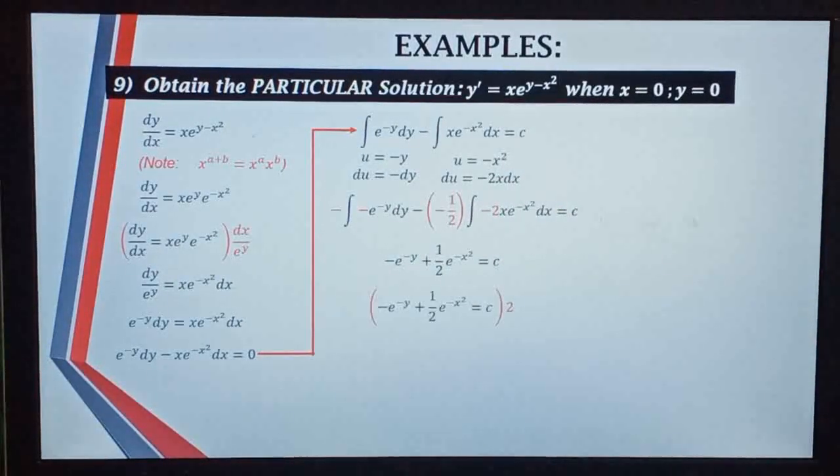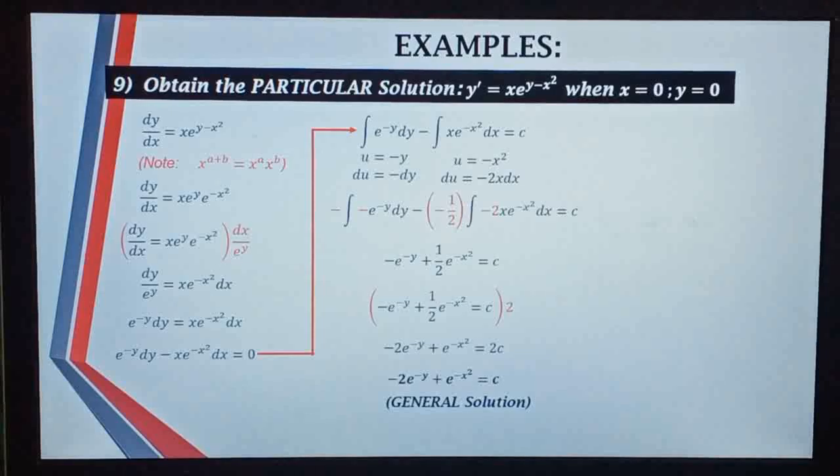So, simplifying the equation by multiplying sa 2, you will now have negative 2 e raised to negative y plus e raised to negative x squared equals 2c. Wherein si c or si 2c rather, pwede nating palitan ng c. So that can be our general solution. Tama? Since we still have arbitrary constant c.